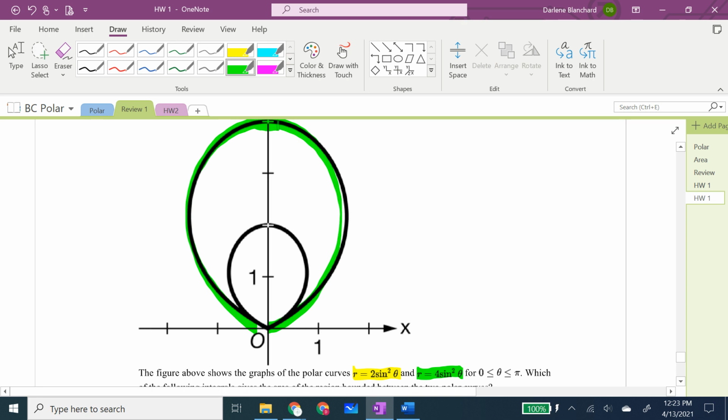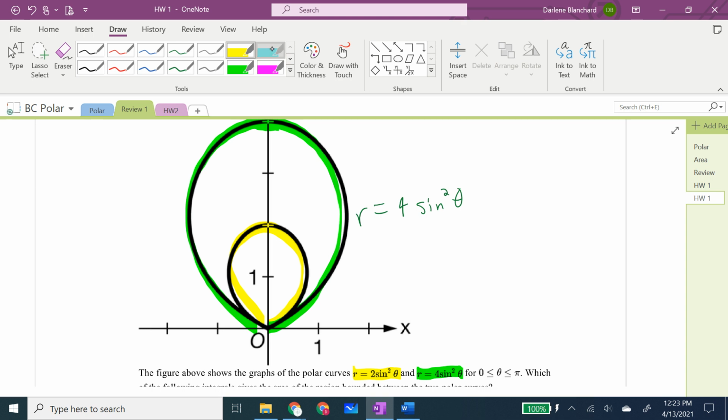In fact, it's going out to 4. And then this inner loop is the smaller one, the 2 sine squared.